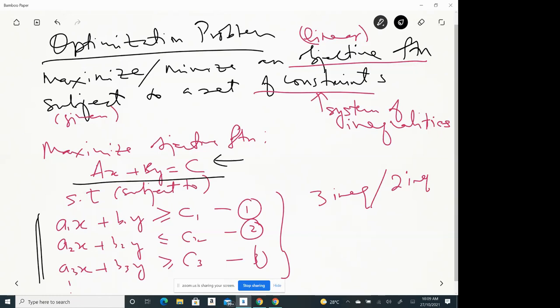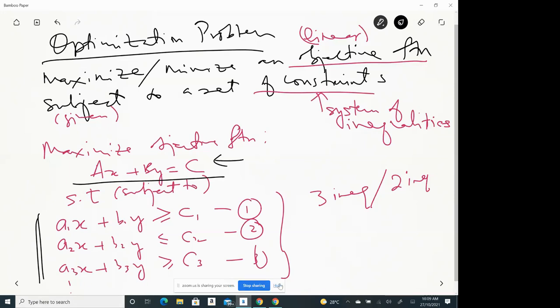So that is our general problem. Now we will start with an example. Let's go back to one of the things that we already did, so that it will be easier for me to look at the example inequalities.